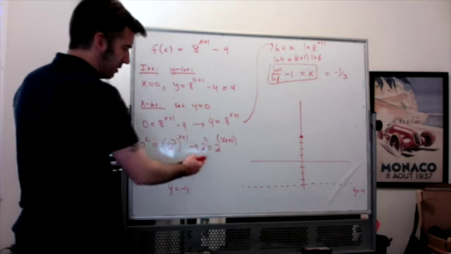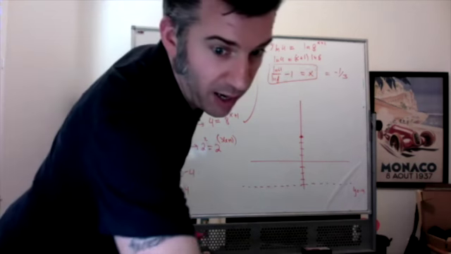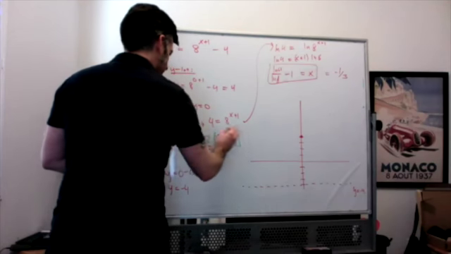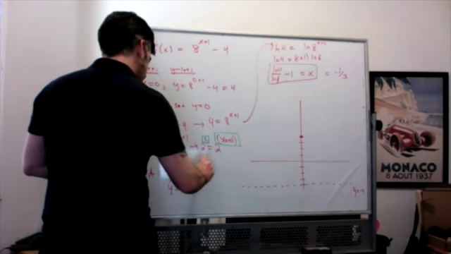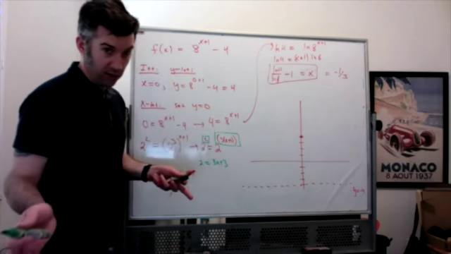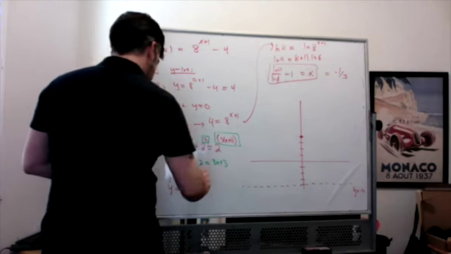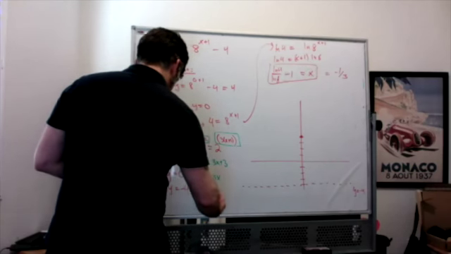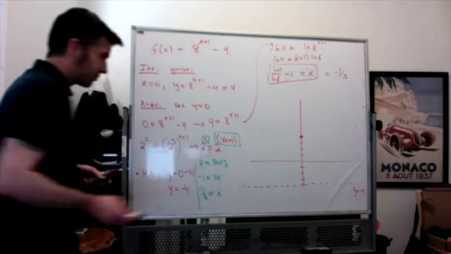And then if the bases are the same, the powers have to be the same. So that 2 equals 3x plus 3. I distributed the 3. And then 2 minus 3 is -1. And then x equals -1/3.